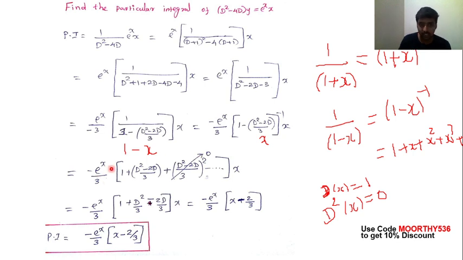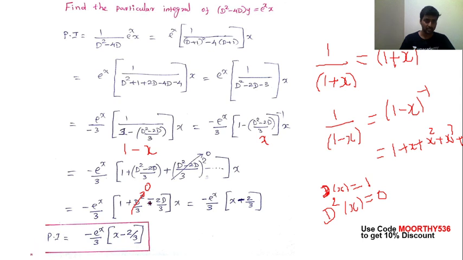Coming to the equation now, 1 plus d square: here d square is also higher order. So 1 plus d square divided by 3 minus 2d divided by 3. Here d square divided by 3 is also higher order, so we eliminate it. Then 1 minus 2d divided by 3.